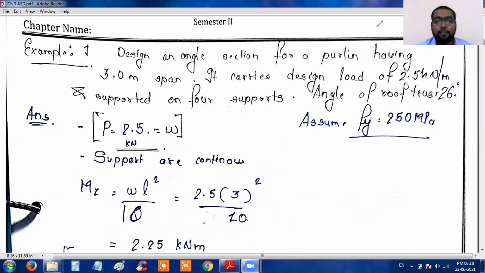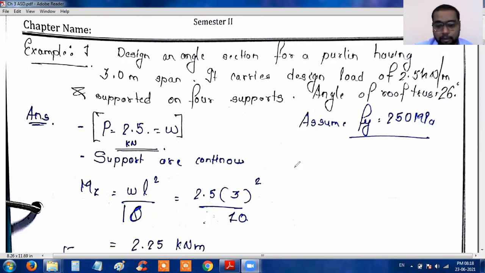In last lecture, we discussed the design steps of purlin, and today we will discuss the example. Example is: design an angle section for a purlin having 3 meter span.